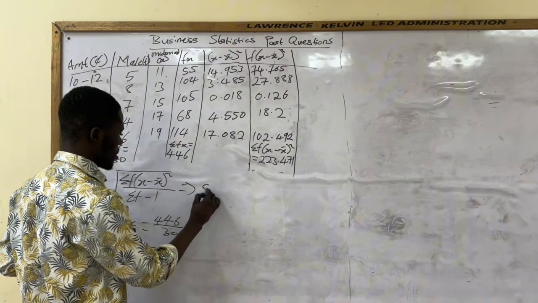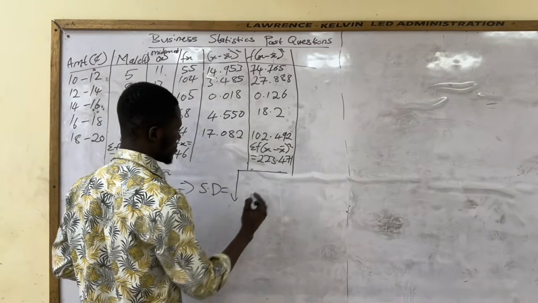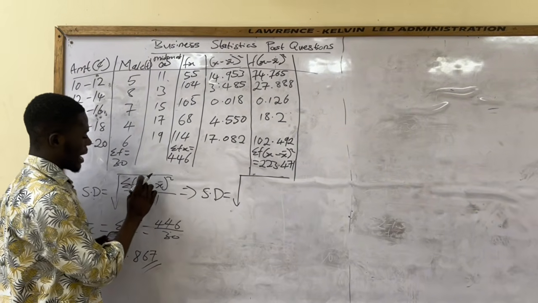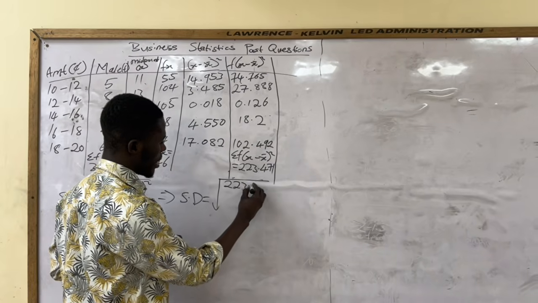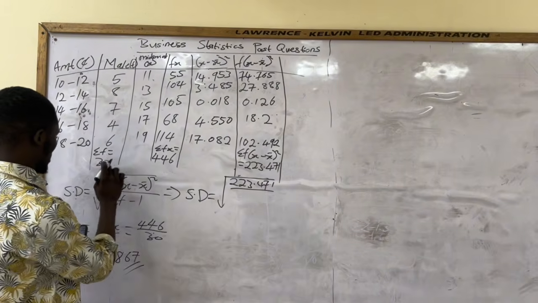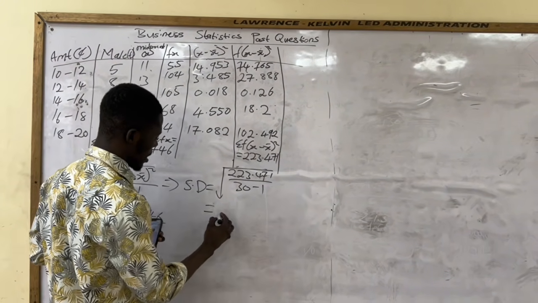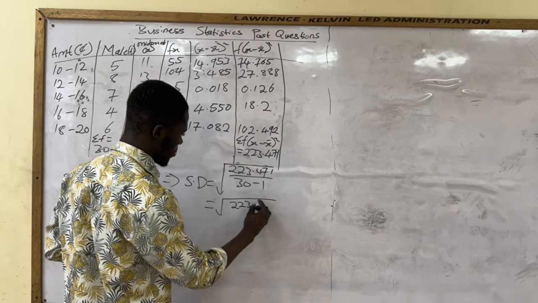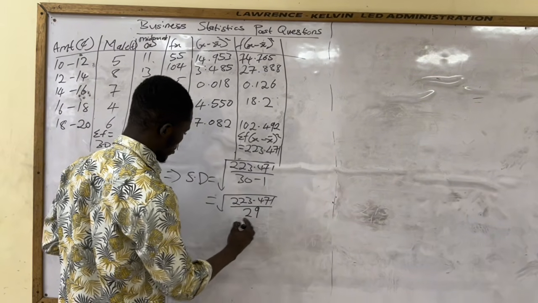So standard deviation equals square root of our sigma f multiplied by s minus mean all squared, which is 223.471, all divided by our sigma f, which is 30 minus 1, okay? So we will get square root of 223.471 all divided by 29, okay?